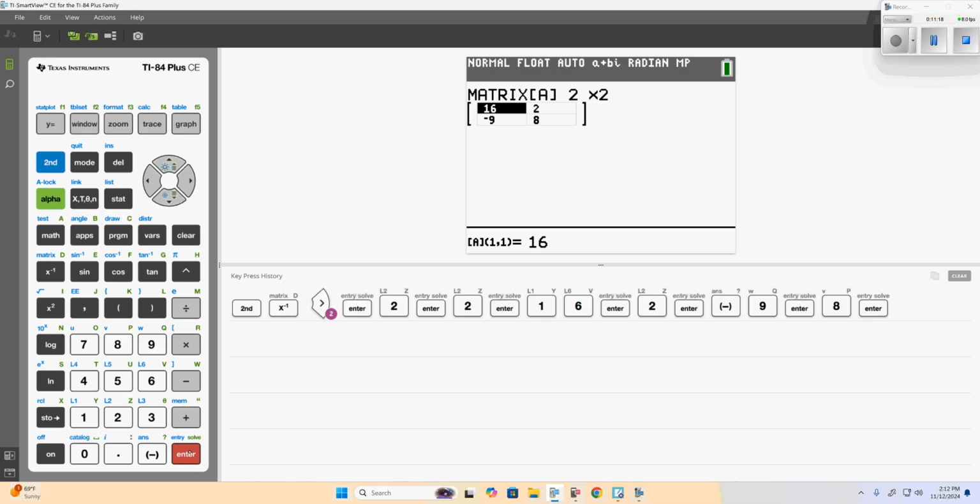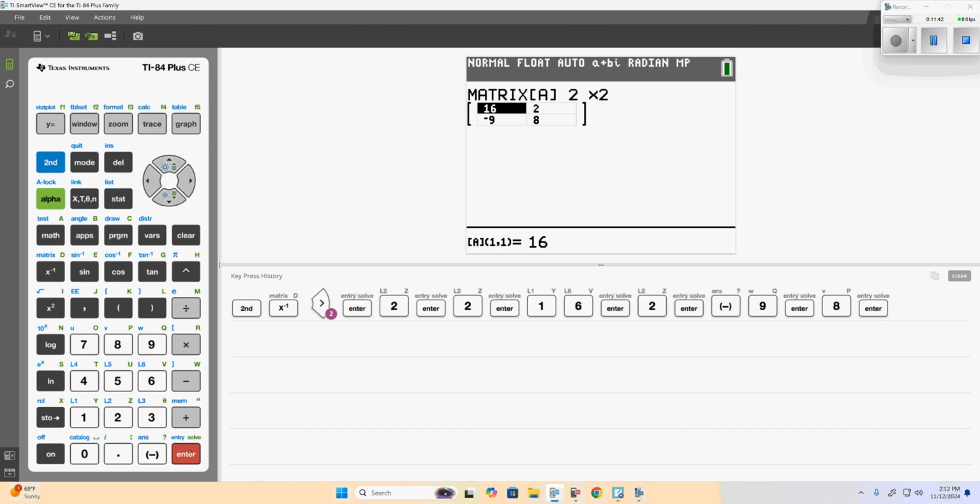Are we able to get those typed in? Go on and get it typed in.